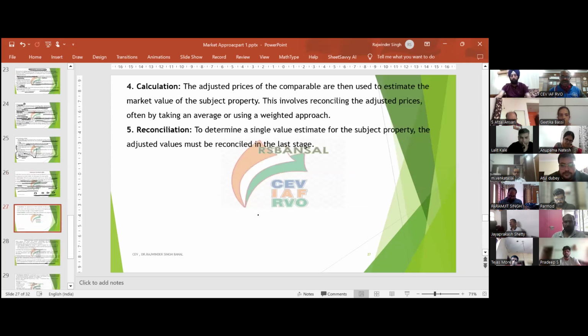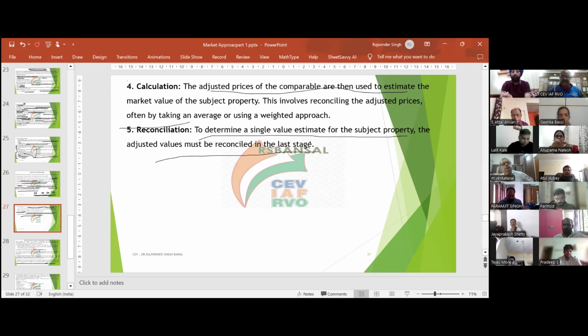Then we will be calculating and reconciling. The adjusted prices of comparables are then used to estimate the market value of the subject property, and to determine a single value of the subject property, the adjusted values must be reconciled in the last stage. These are the steps to be followed, and we will do all of these with examples.